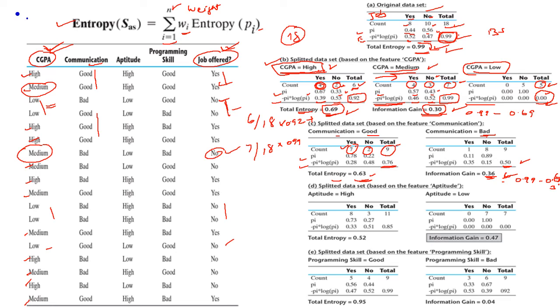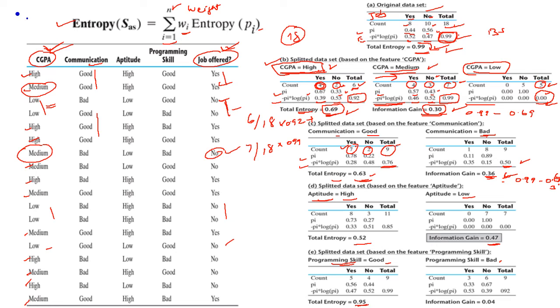Likewise, we compute the entropy of the attribute aptitude: aptitude equal to high, aptitude equal to low. For aptitude, the entropy is 0.52 and the information gain is 0.47. Simultaneously, we compute the entropy for programming skill, good and bad.